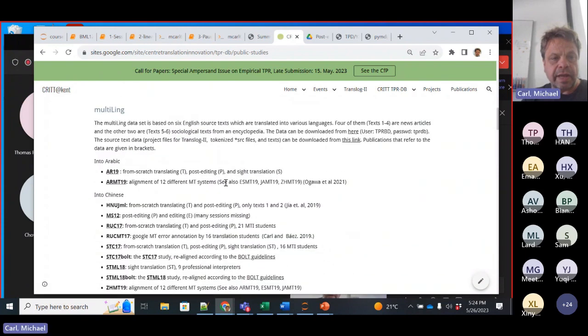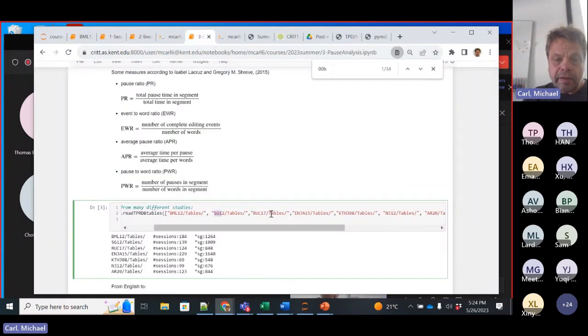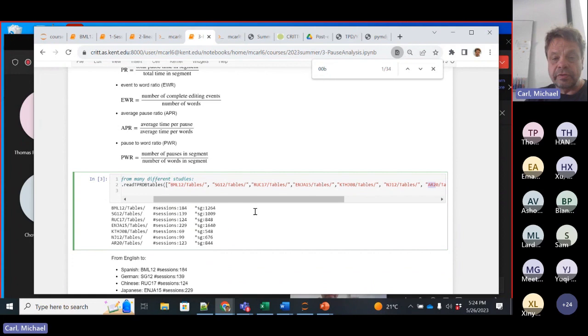And this is all data from the multilingual corpus. It means that they all have translations of these 6 texts. Here, this is Chinese, this is Japanese, this is Danish, this is Hindi, and this is Arabic. So we have a large number of different languages, the same texts translated into all these languages by a large number of different translators. Here you can see that in this BML study we have 184 sessions and this number of segments.